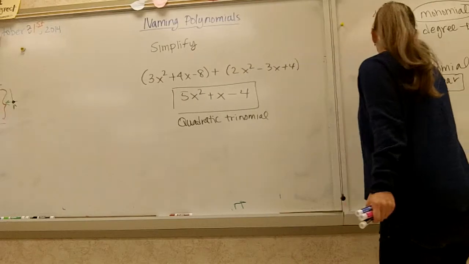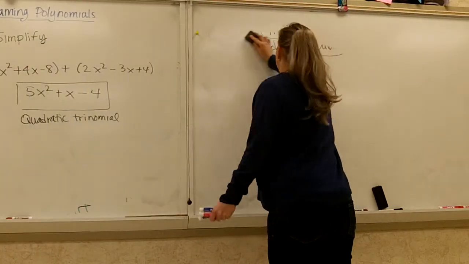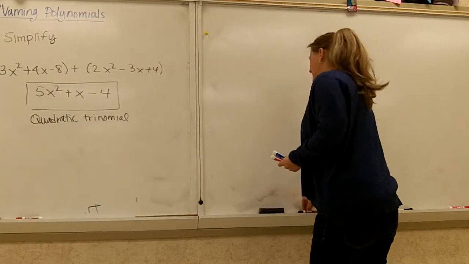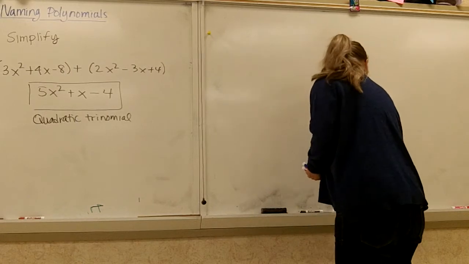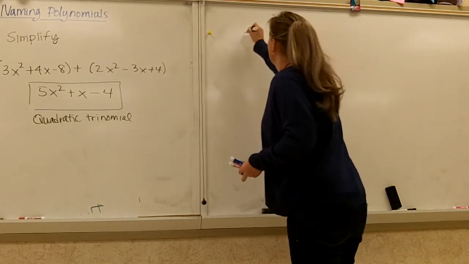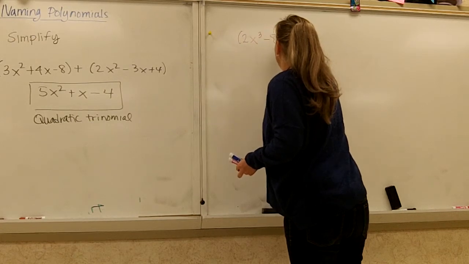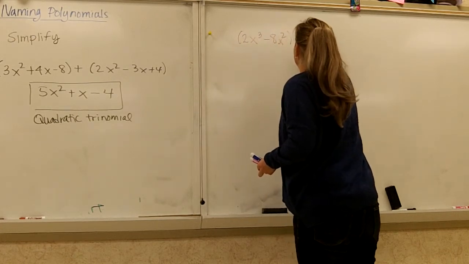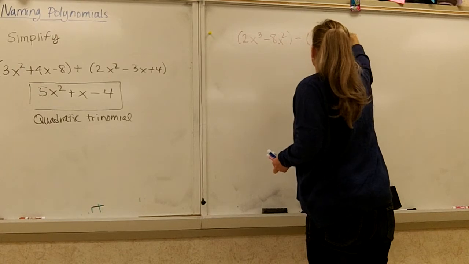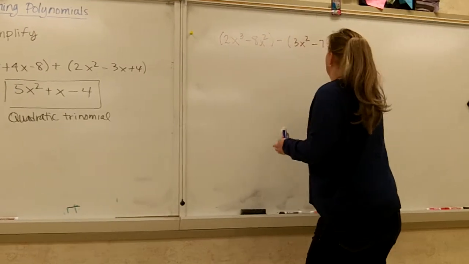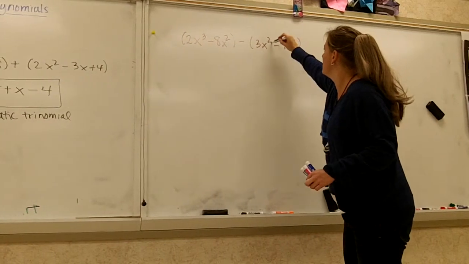And then you could have another one of those maybe that has a minus sign in the middle, and then all you have to do is remember to distribute the minus sign. So maybe I have 2x cubed minus 8x squared minus 3x cubed minus 7x squared. Whoops, cubed.